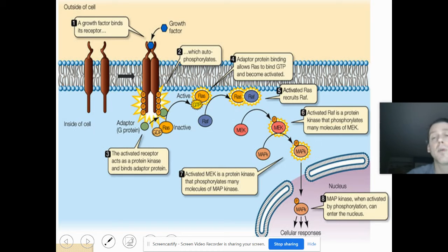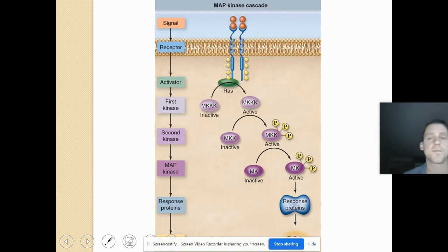MEK can activate a protein called MAPK. And MAPK can then, once it's activated, go in the nucleus and perform some sort of cellular response, which could be to start transcribing DNA. So this cascade here, and we know that at the end of this, because of amplification, there's going to be a lot more than one MAPK, isn't there? There's going to be thousands or more activated MAPKs.